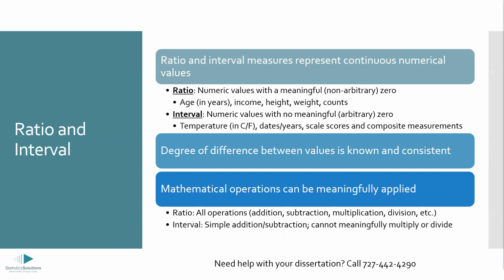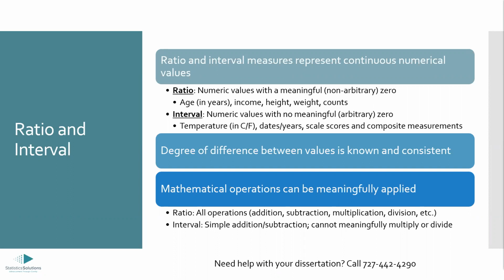For something like ratio level data, take income, for instance. Say we have one person with an income of $10,000 and another person with an income of $20,000. We know that the person with $20,000 has double or twice as much income as the person that has $10,000.